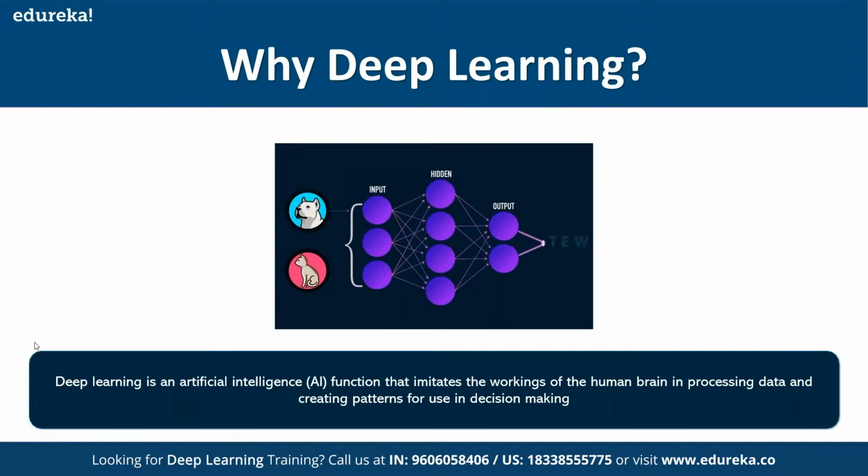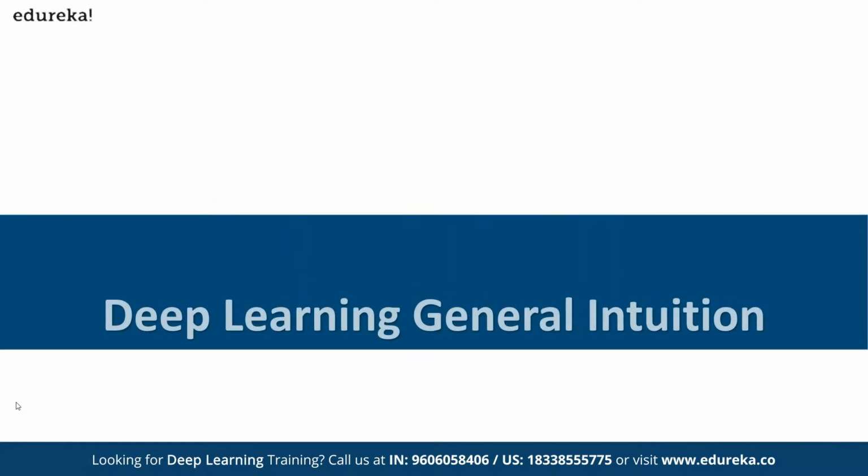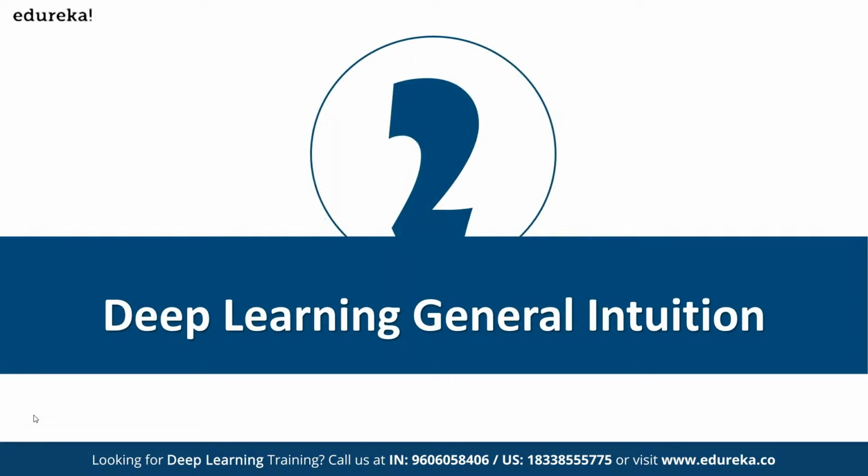When we are talking about deep learning, let me give you a general intuition behind it. As I mentioned, deep learning has been created to ensure that data is analyzed just like we humans analyze data. To help you understand how it does this, just think about it: our human brain has a brain cell.